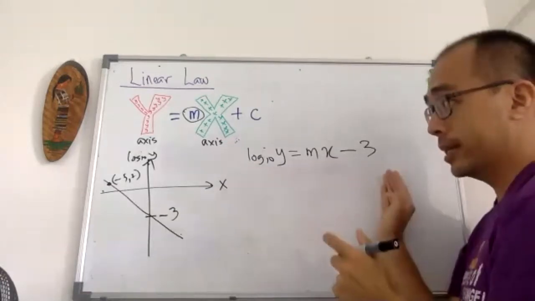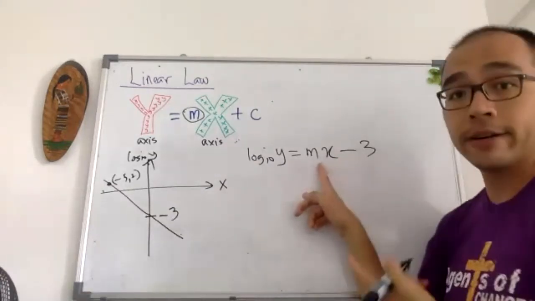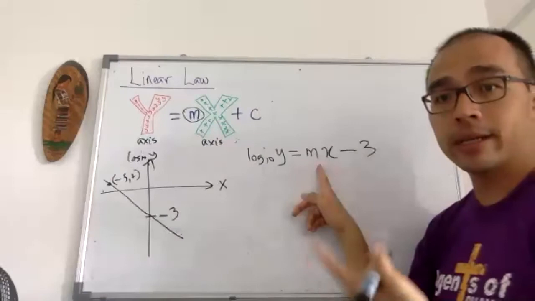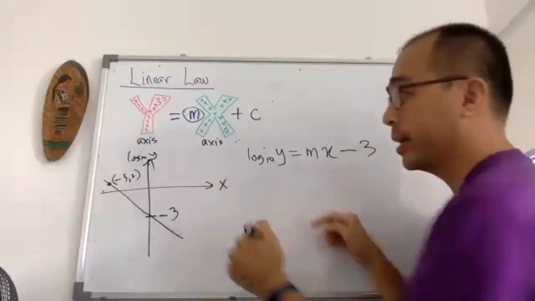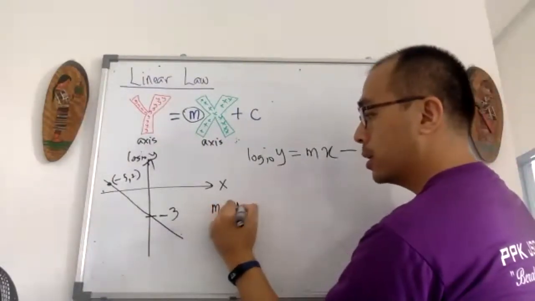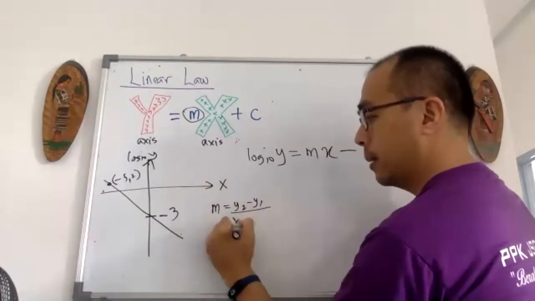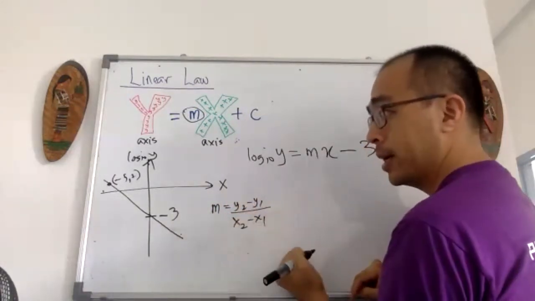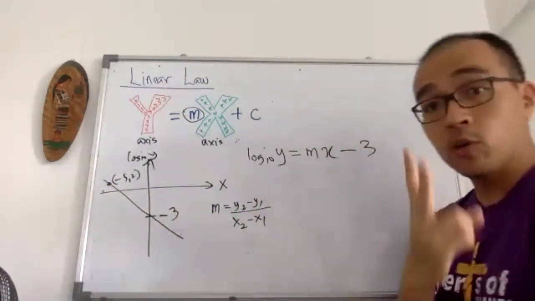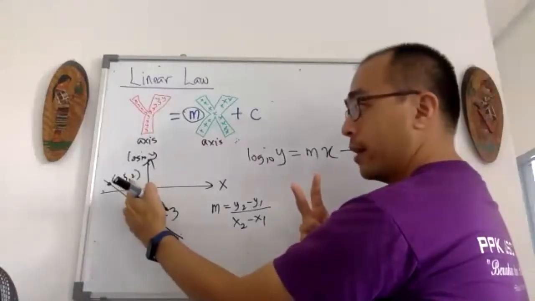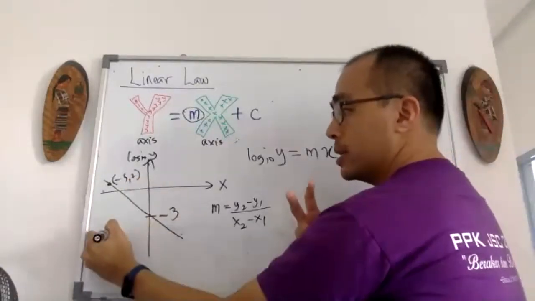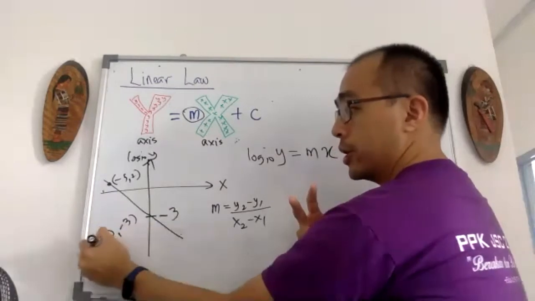To complete this, we need to find the gradient. Gradient is something we have learned since Form 4. Gradient equals to y2 minus y1 over x2 minus x1. In this case, we are already given 2 points: negative 5 and 2, and 0 and negative 3.